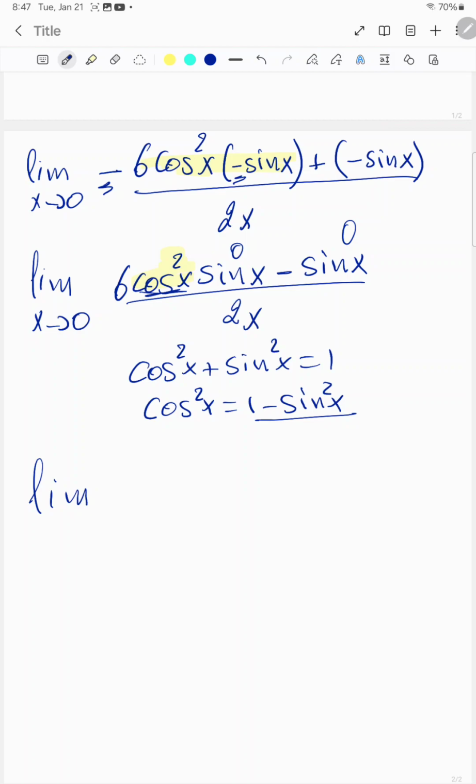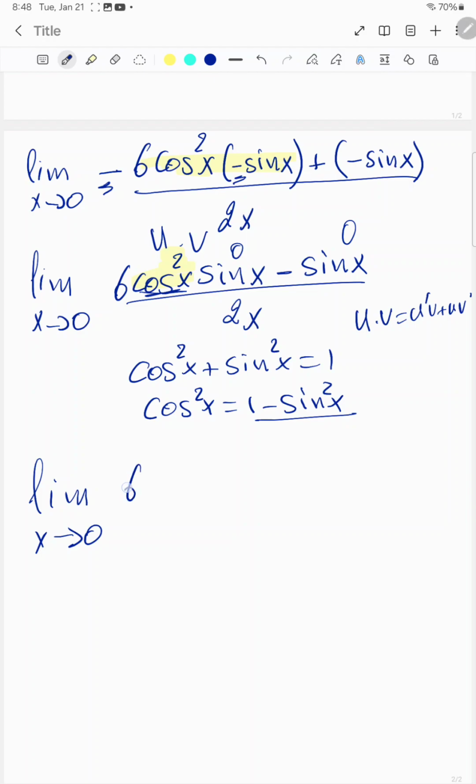So I have to apply L'Hôpital's rule, but here I have u times v, where u is equal to cosine square of x and v is equal to sine of x, and I know the derivative of u times v is u prime v plus u v prime, so it becomes a bit more complicated. The way that I'm going to do it now is going to be way easier for you, and you always have to take the easiest way in order not to make a mistake.